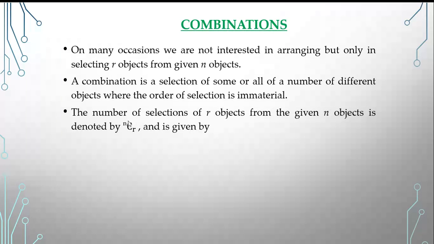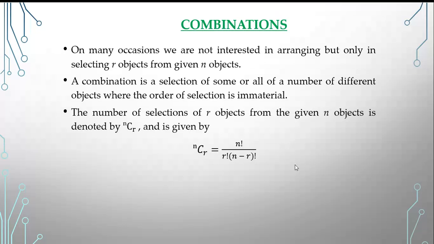So we represent a combination by nCr, where n is the total number of objects, and r is the number of objects we have to select from the n objects. And what is the value of nCr? That is n factorial upon r factorial multiplied by n minus r factorial. And what was the permutation? In permutation, nPr is n factorial upon n minus r factorial only.